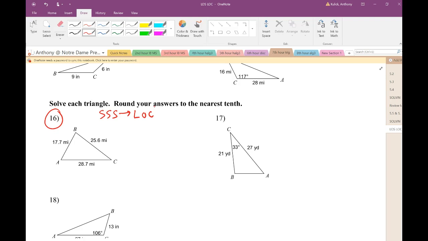Yep, me too. Okay. So I should start by picking an angle to solve for. Does it matter which one? No. In general, the one that I'm going to pick to start with is the one that's opposite the hypotenuse. How did I know that 28.7 was the hypotenuse?